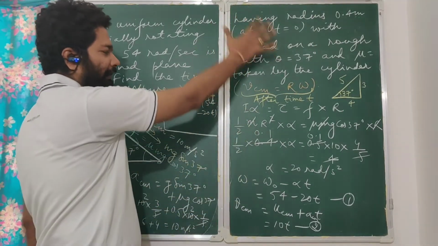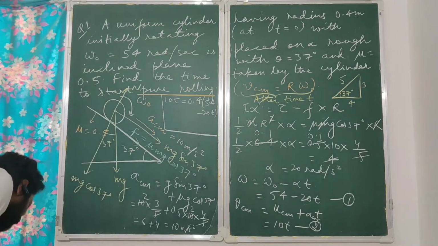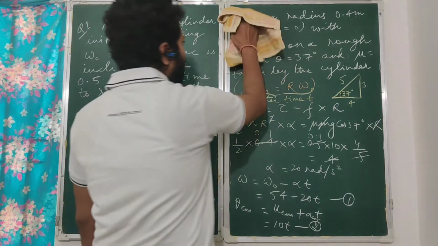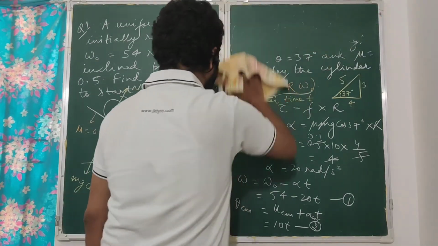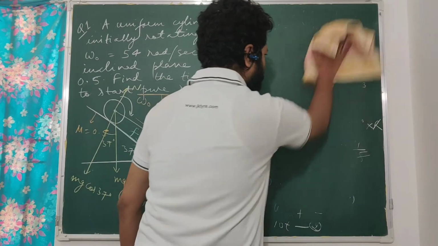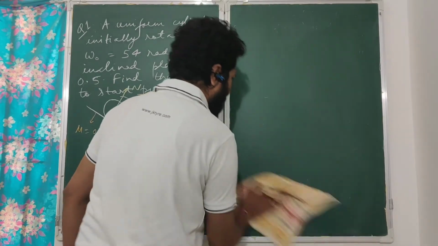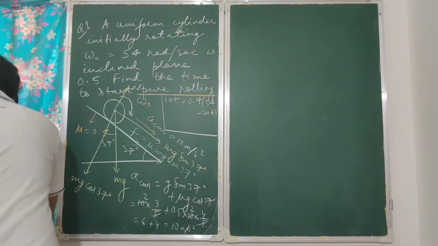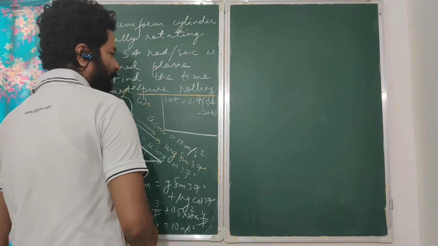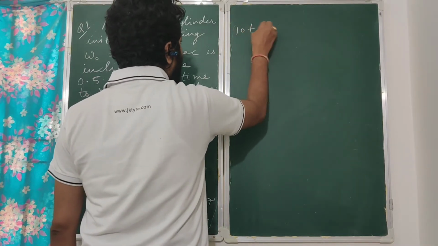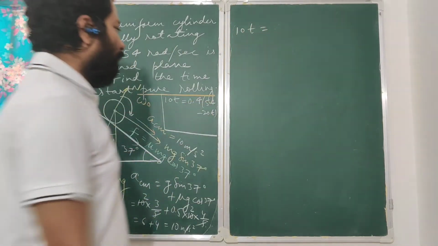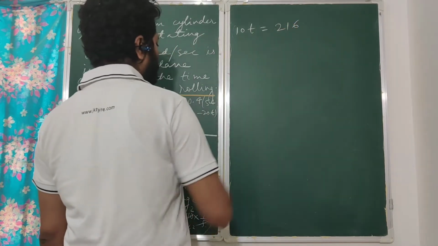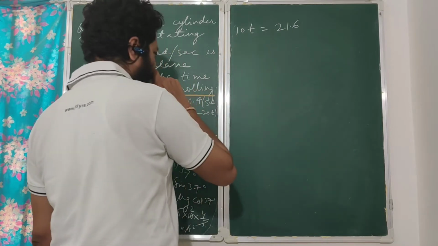So for that I need to erase a part of the board. So I hope everything is clear till here. I'll erase it. So let us see what do we get from here. So we get 10t equal to 0.4 into 54, so it is 21.6, right?